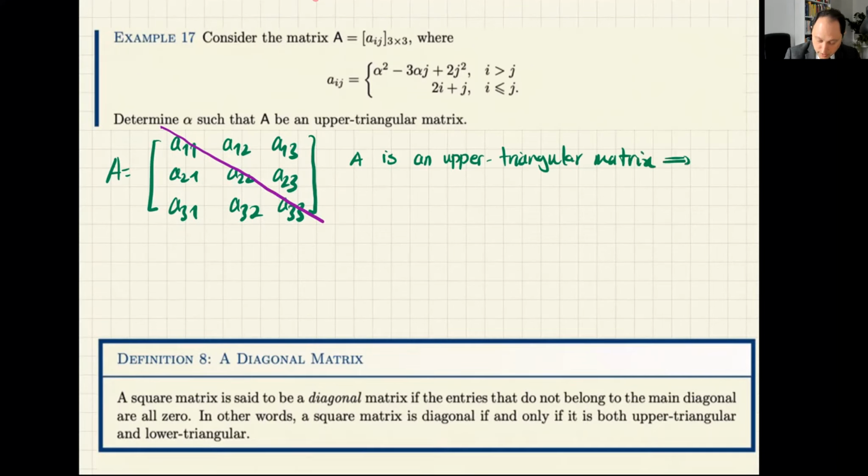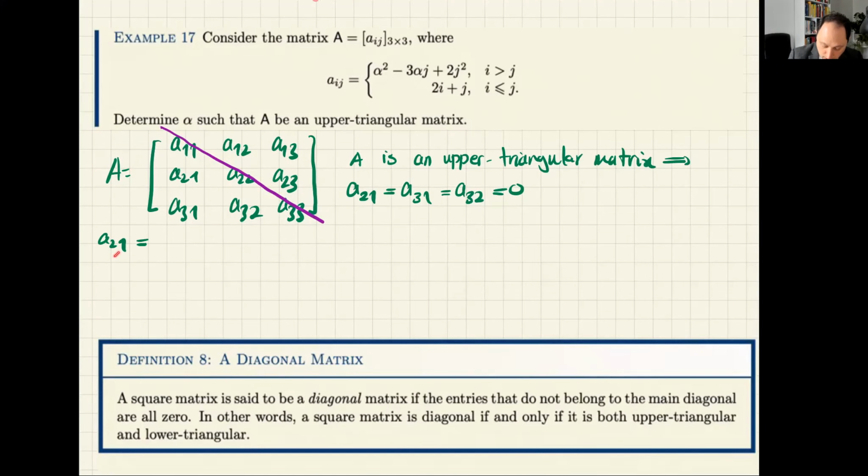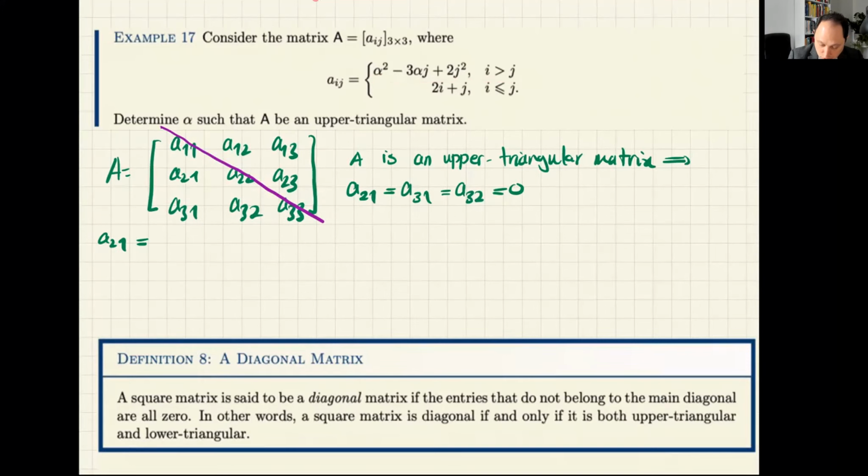So this implies that A21 is equal to A31 is equal to A32 is equal to 0. Okay, but how can I calculate A21? So A21, because the i index is greater than the j index, I have to use this formula. And then alpha is alpha, but j in this entry is 1. So I replace j with this 1. There is no i dependency here.